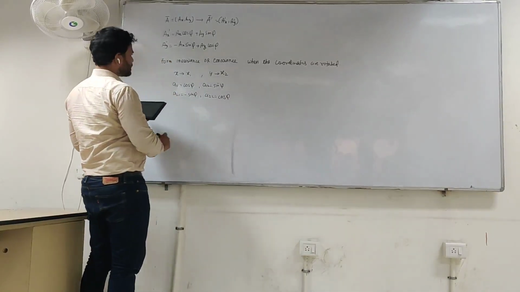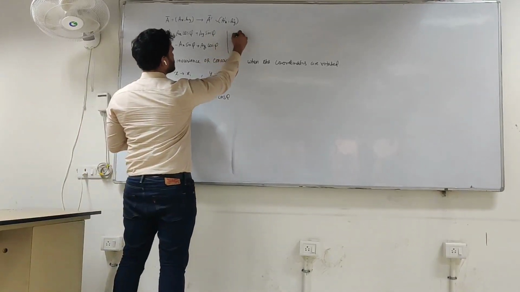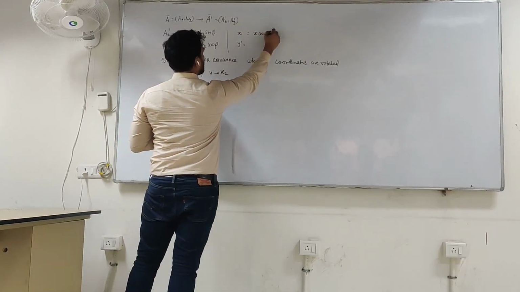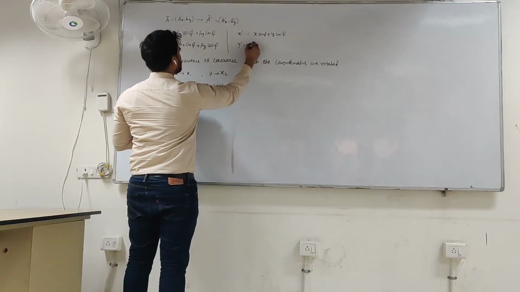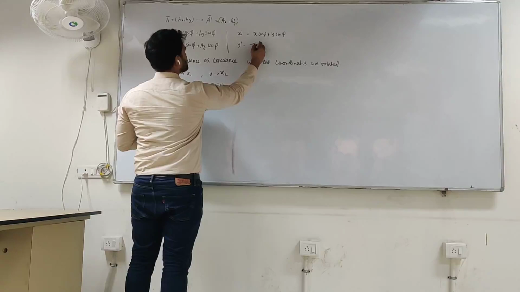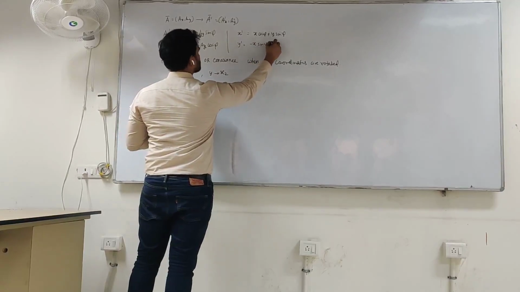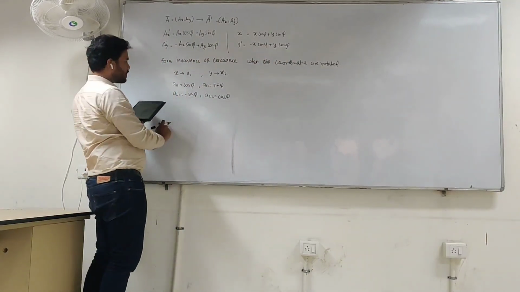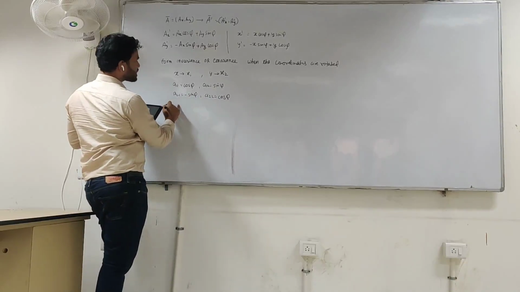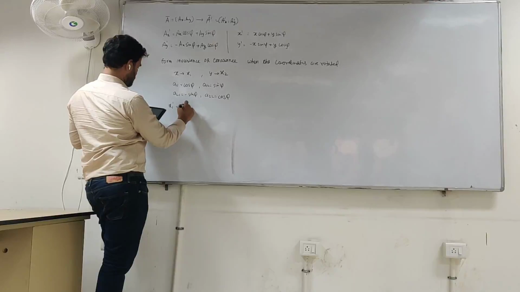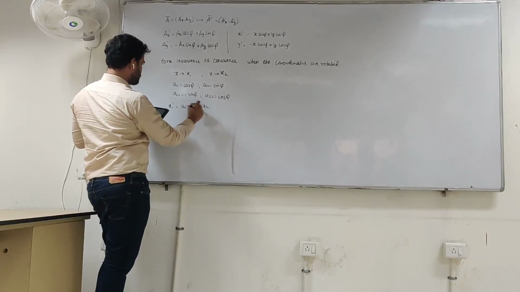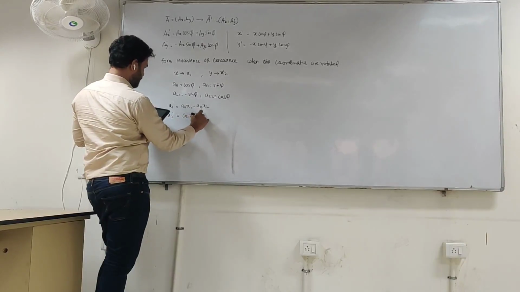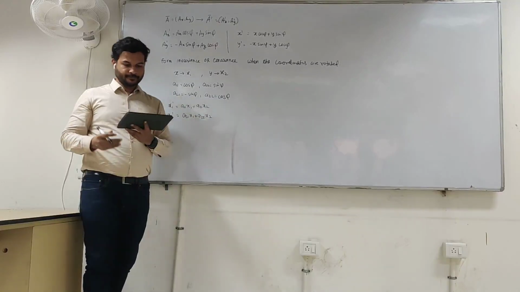Hence the transformation equations for the coordinates, x prime and y prime, which are x cos phi plus y sin phi and minus x sin phi plus y cos phi, can be written in terms of a11, a12, a21 and a22 as x1 prime is equal to a11 x1 plus a12 x2, and x2 prime is equal to a21 x1 plus a22 x2. Fine.